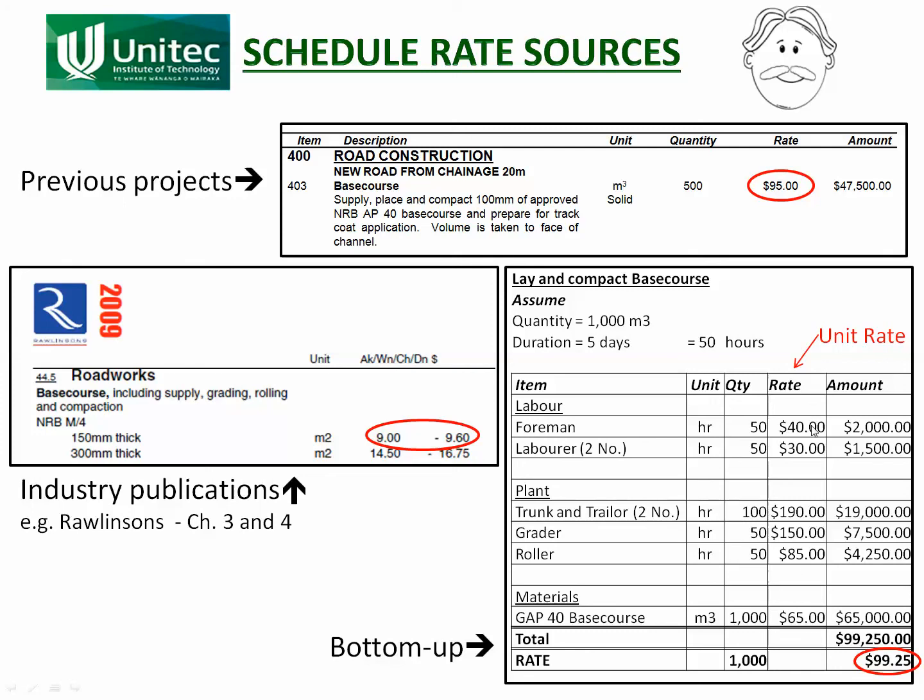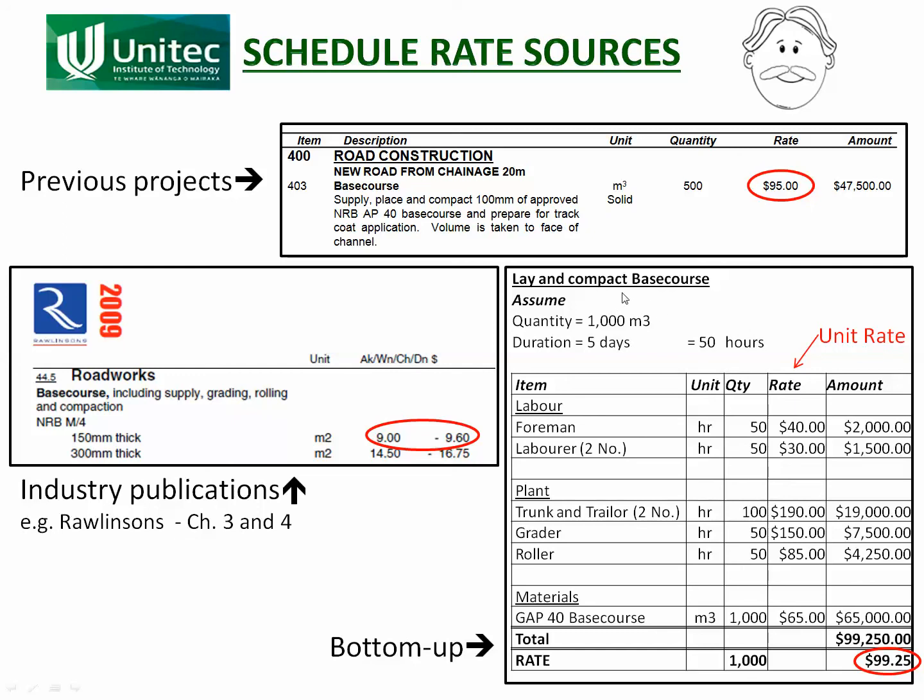We find out the rates from the contractor's blue book or from previous dayworks rates, multiply the quantity by the rate to get the amount, add all up, and we get a total price of $99,250. Then we divide that by 1,000 cubic meters to get a unit rate of $99.25. So that's the number we'd put into our estimate. Personally, I'd round it up to $100. It's always good to round up rather than round down.